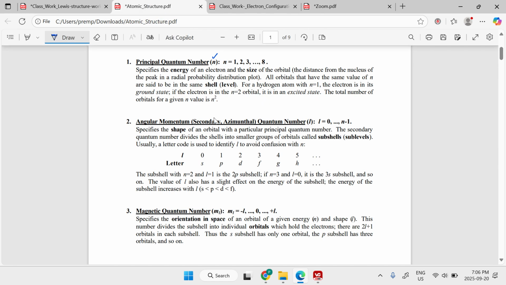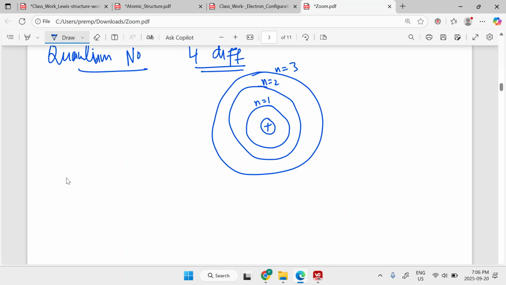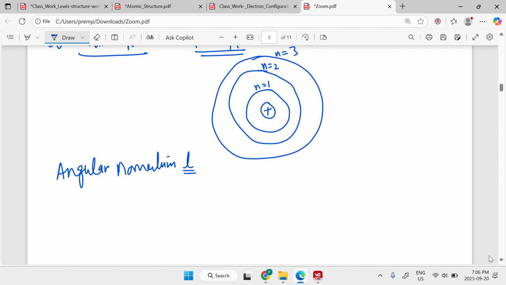Okay. Second is the angular momentum quantum number, and it is represented with the help of l. So it basically talks about the orbitals.